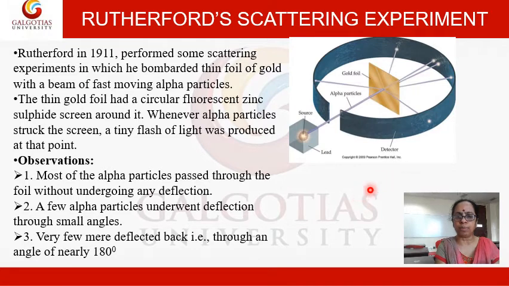When an alpha particle struck the screen, a tiny flash of light was produced at that point. Now what is observed? Most of the alpha particles passed through the foil without undergoing deflection. A few alpha particles underwent deflection through small angles. Third point, very few were deflected back through a nearly 180 degree angle.